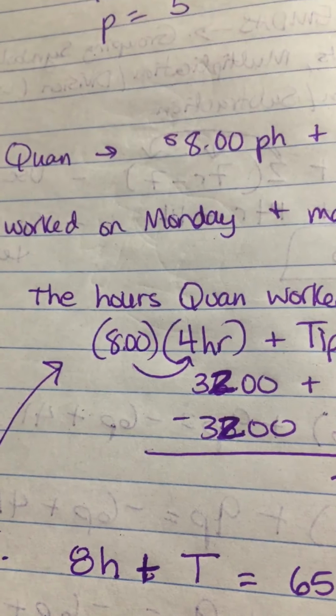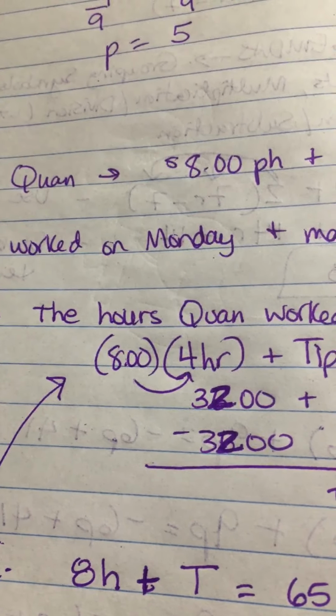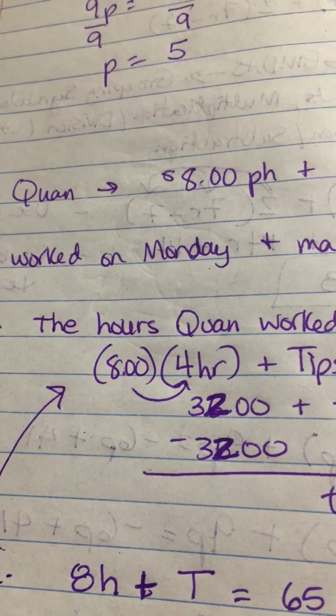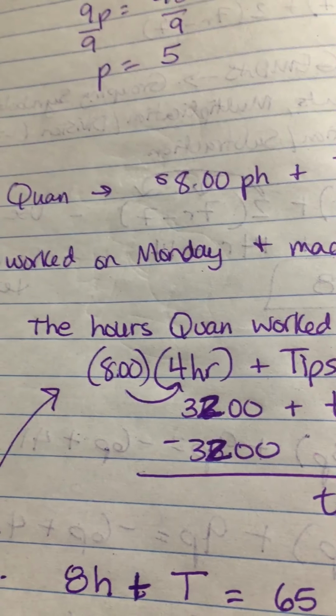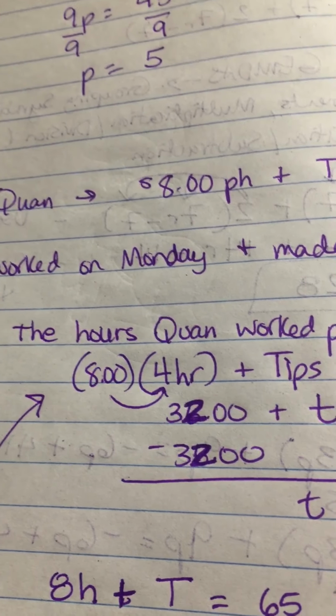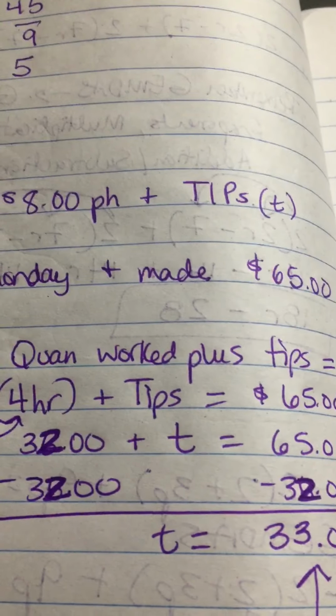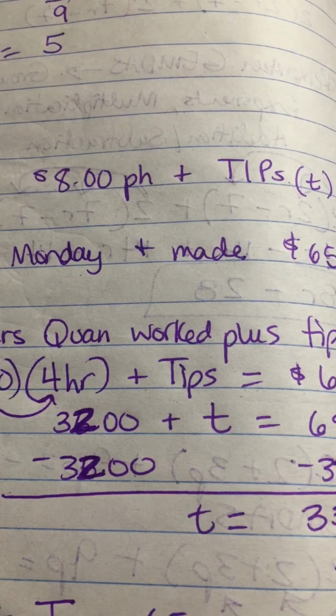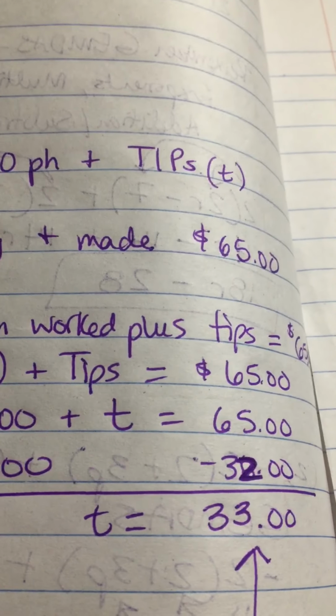So $8 an hour, and she worked 4 hours. That means that she made $32 from her standard pay. We do not know how much the tips were, but we do know that she made $65.